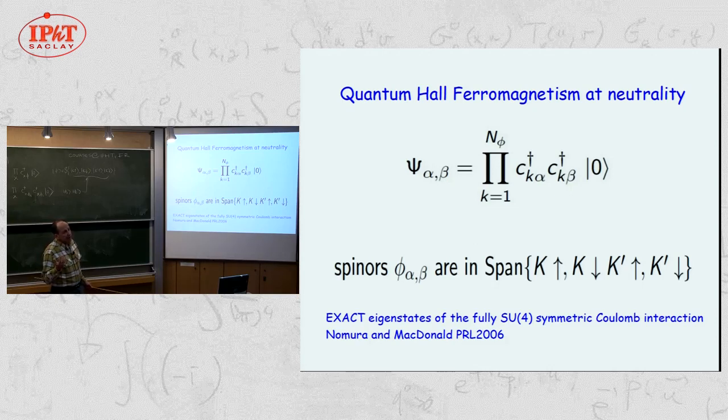Again, by the same argument, if you act with the Hamiltonian on this state, if you describe 2 particles, you have no choice but recreating them in the same subset of space. So this is an exact eigenstate, provided the SU4 symmetry is exact. But that's exactly the usual quantum Hall ferromagnetism argument.